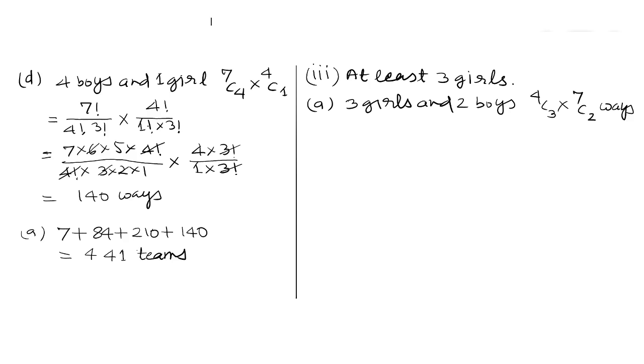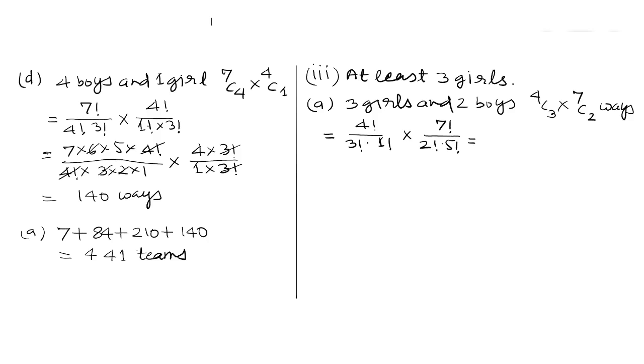This can be calculated like this. 4C3 is 4 factorial upon 3 factorial into 1 factorial, multiplied by 7C2, which is 7 factorial upon 2 factorial into 5 factorial.